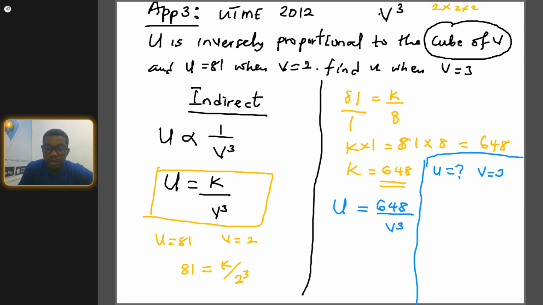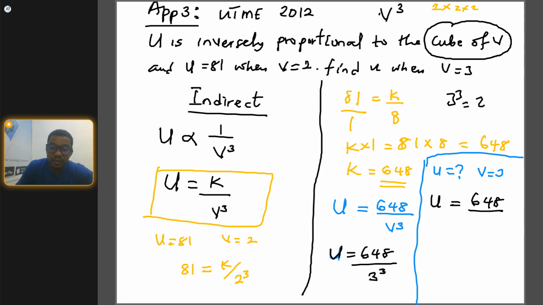So we have to substitute those values in the expression given to us here. U will now be equal to 648 over, our v is 3, that would be 3 raised to power 3, and that is u equals 648 over 27, since 3 raised to power 3 is 27.